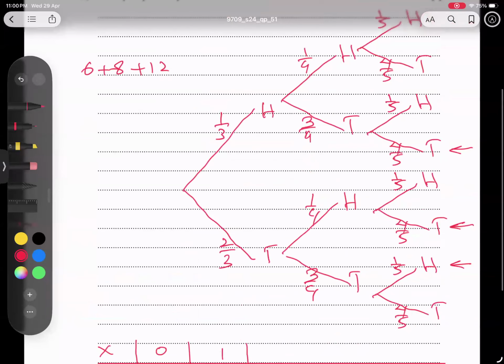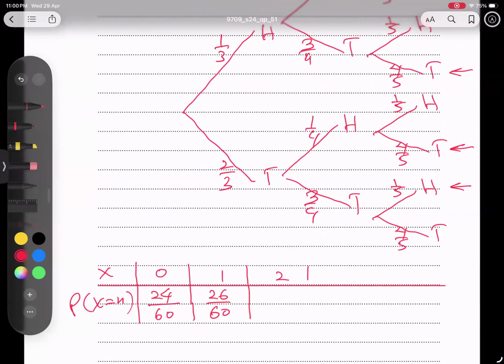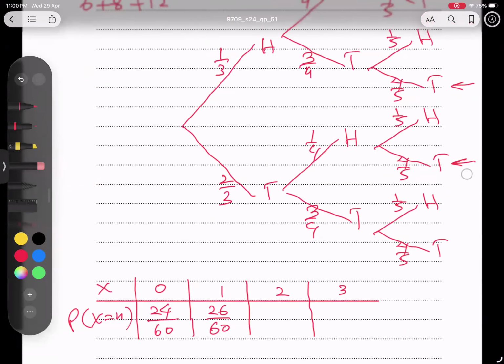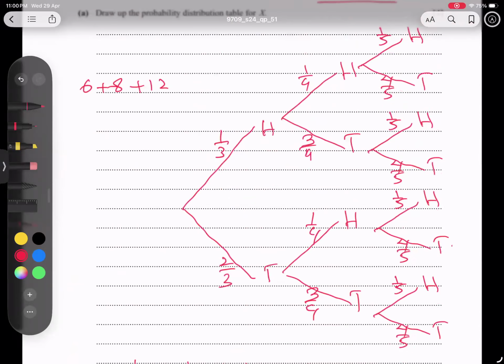Now I talk about two heads, and then I will talk about three heads. So students, two heads, okay. I erase all these single head branches. Now take two heads. Which branches have two heads? This branch we have two heads, make an arrow. This branch we have two heads, and this branch we have two heads.